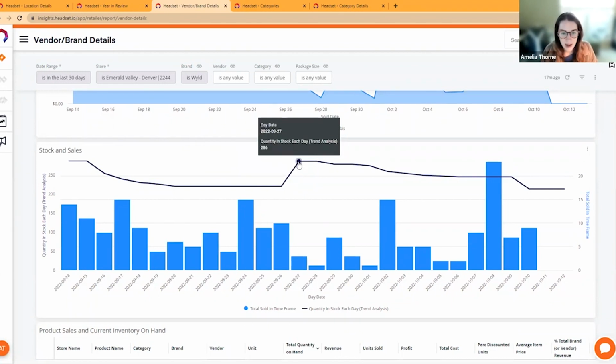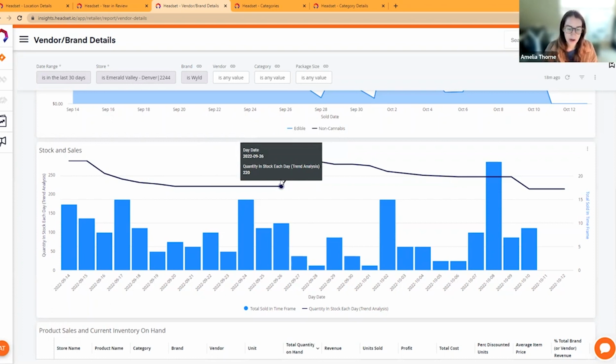Questions to ask here, or things to take a deeper dive into, is we had 220 units on hand of Wild already. Did we really need to restock now, or could we have waited a little bit? This is where we can start to use our reorder report after looking at this information to understand how did we really need to order Wild edibles?